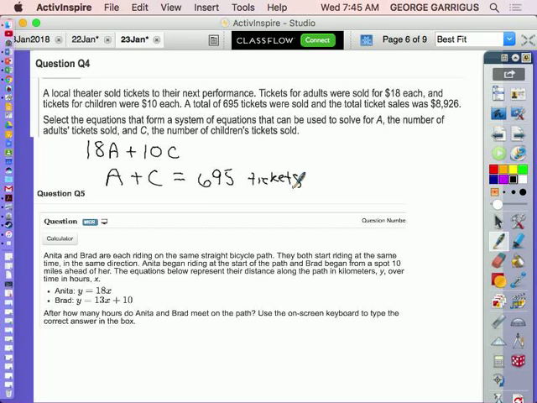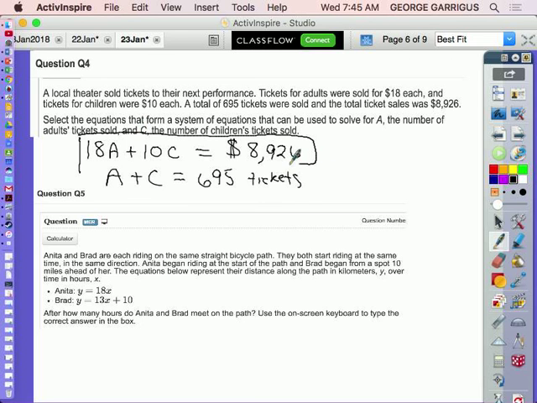When you start looking at how much each ticket costs, the $18 plus the $10, see, that tells you how much money they are making, $8,926.